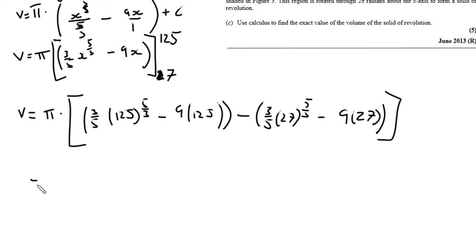And if you do all of that, what you should get is a volume of 847.2 times pi.